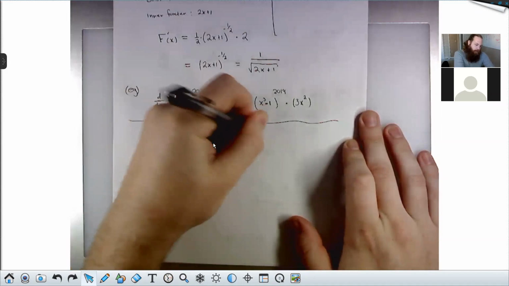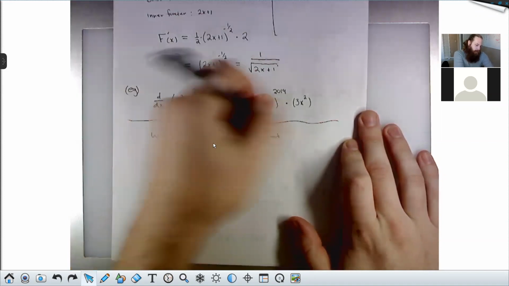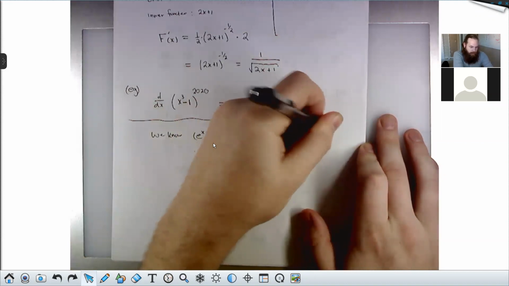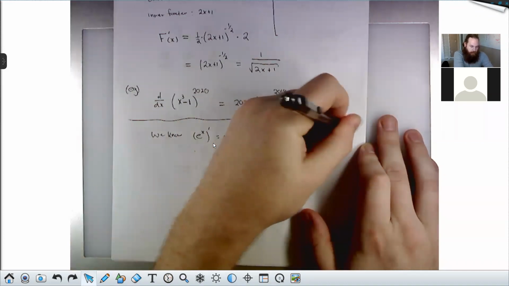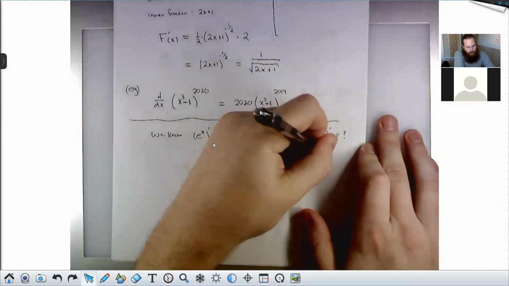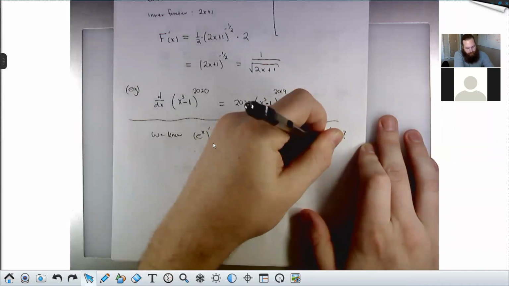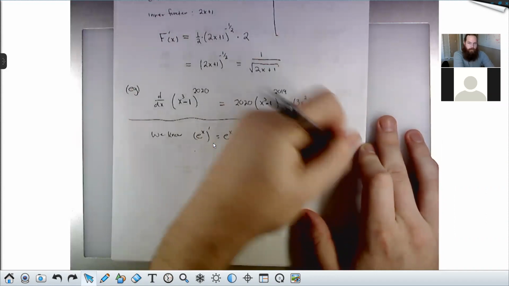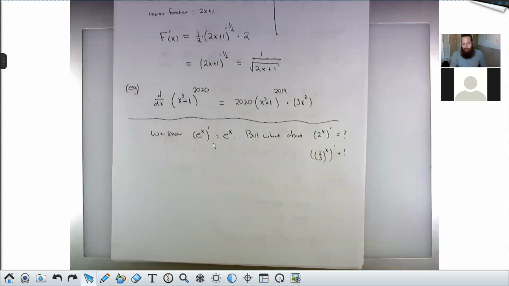But what about 2 to the x? Or 1/3 to the x? What about other base exponential functions? The trick is the chain rule.